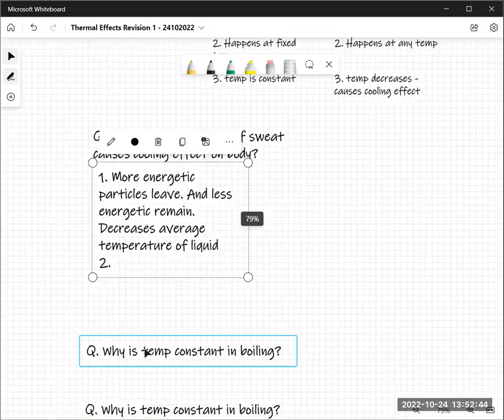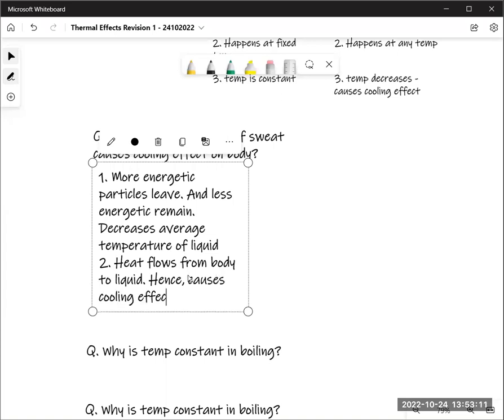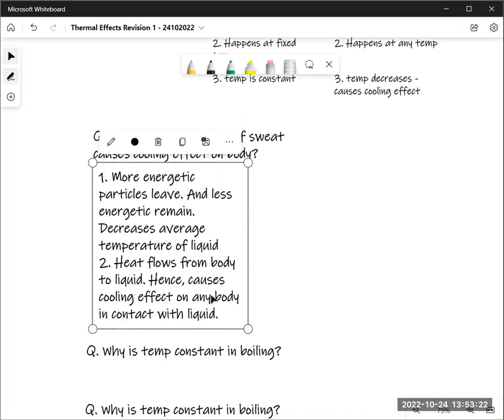So what we'll write is, write this in your notebook quick.